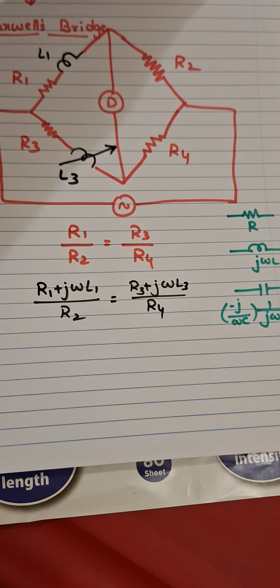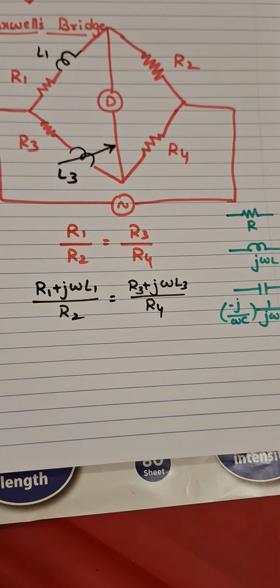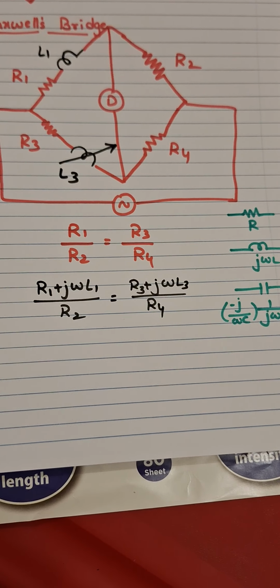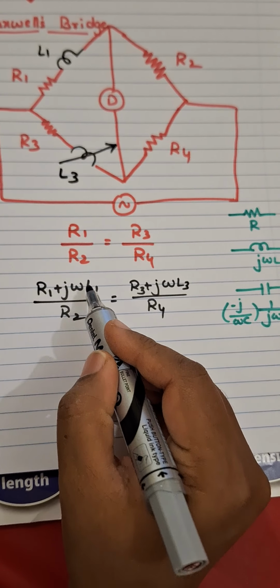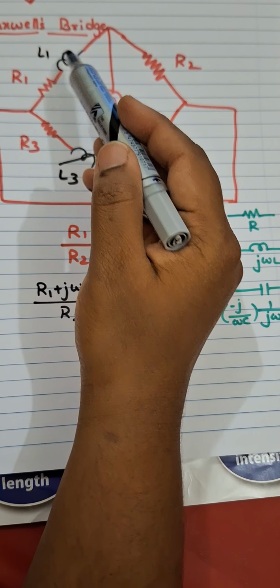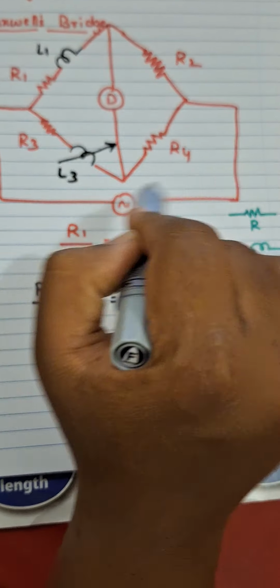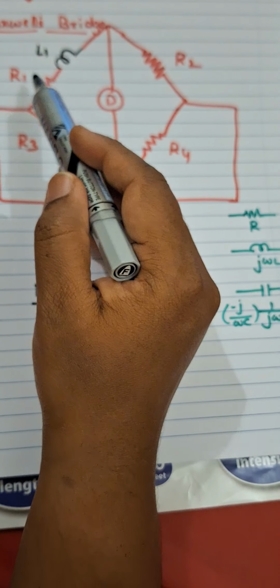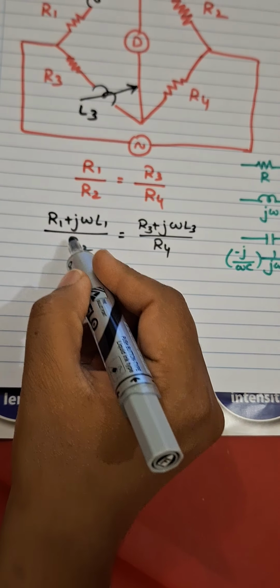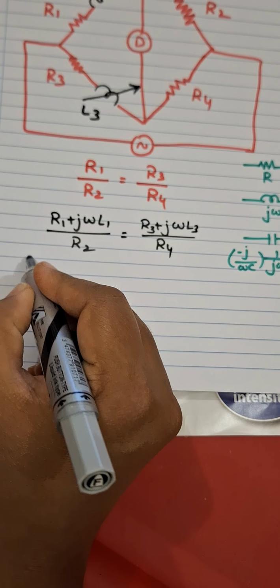Clear? So from this equation, just say that you need to know the L1 value and R1 value, because these are the two unknown elements in this whole circuit. So our target is to find R1 and L1. So for that, what I am going to do? So the way I am going to do is just separate them.